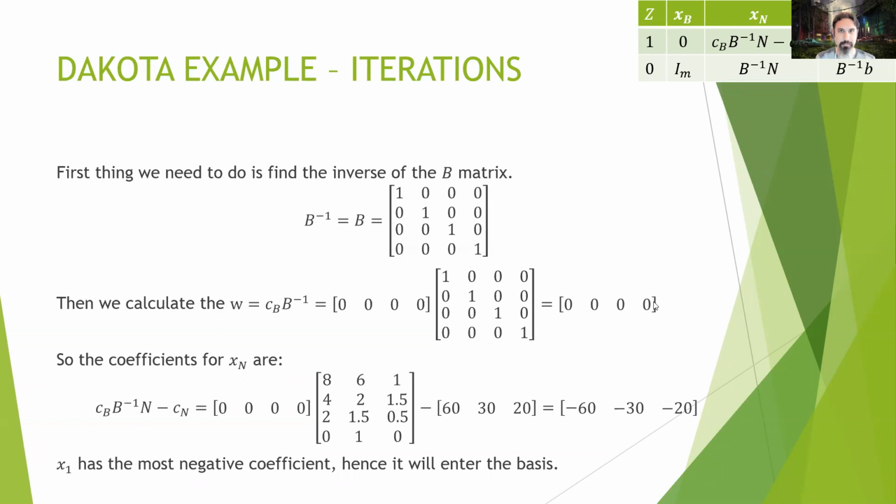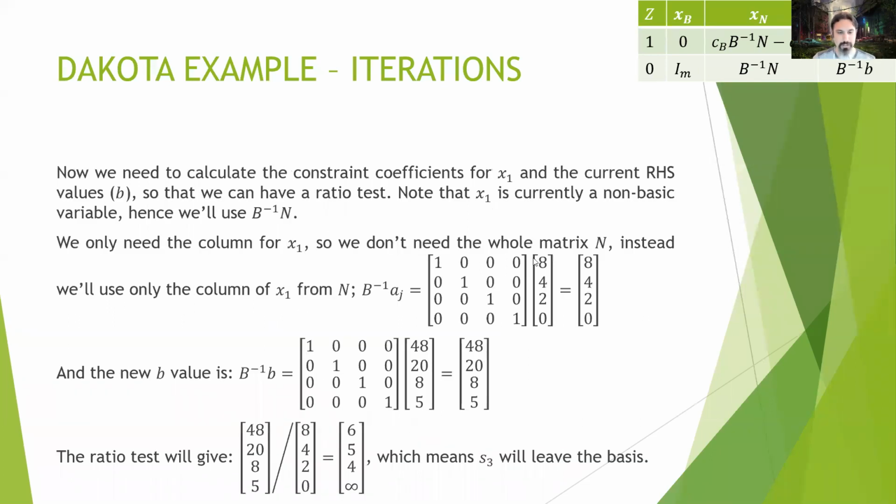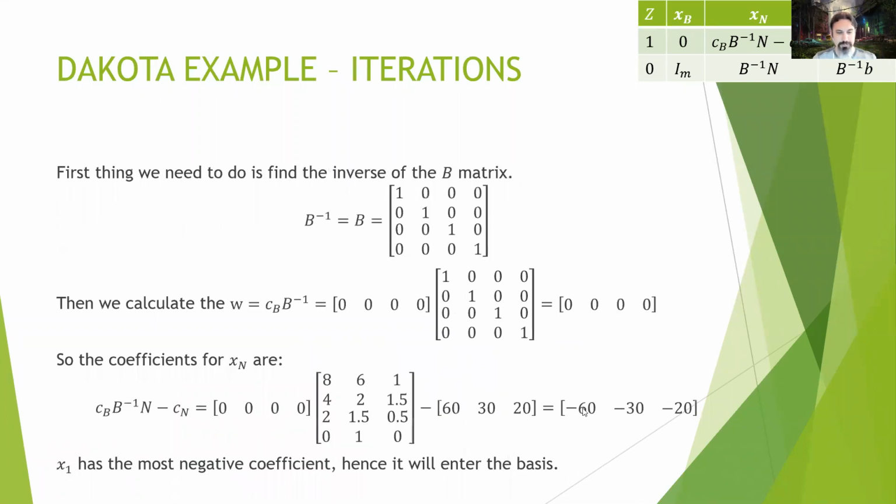Okay, it's the same thing we have done for the simplex algorithm. From here, we're going to do something just a bit different. We're going to calculate for only minus 60, for only x1 values. We're going to see what I'm talking about. Now, as we know that x1 is going to enter, all we need to do is make the calculations for x1 only.